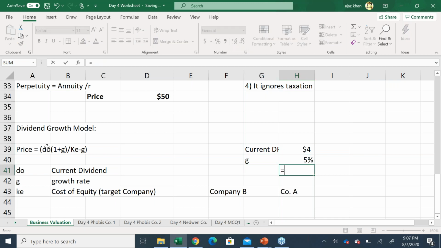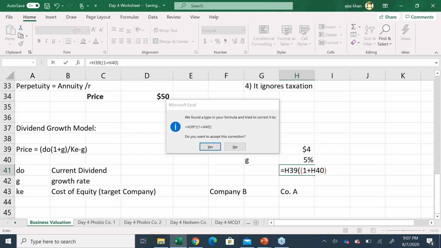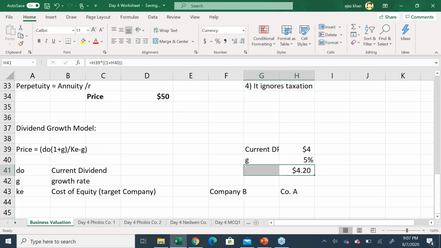We should rather use 4 into 1 plus 5%, so that it becomes the next year dividend, $4.2. So in the numerator, we will just write 4.2 instead of D naught into 1 plus G. But if the question has already given us 4.2, the next dividend, we will just simply put it here. So remember this thing.